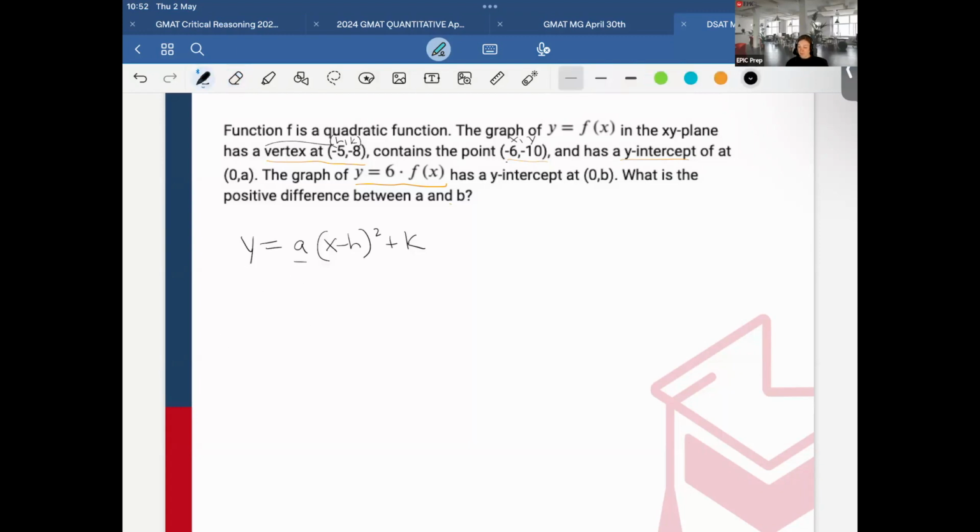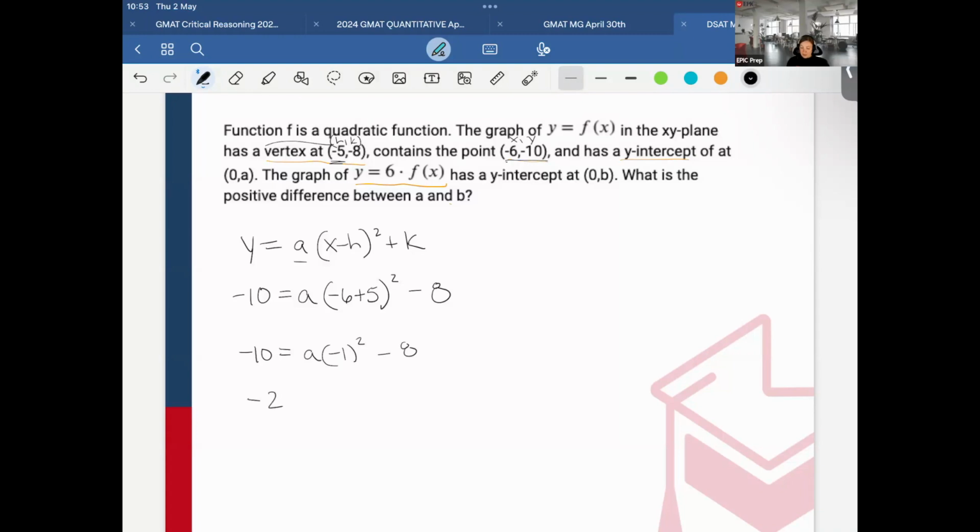I'm going to put my x, y coordinates in, so -10 is equal to a, my x is -6. My h value here, if it's negative here, will be positive inside, and then -8 here. So this simplifies to -10 equals a times (-1) squared minus 8.